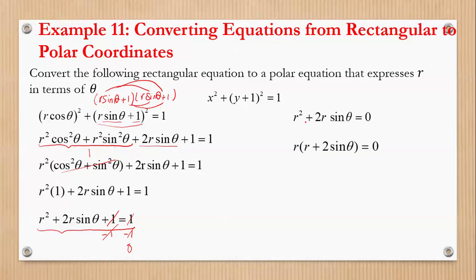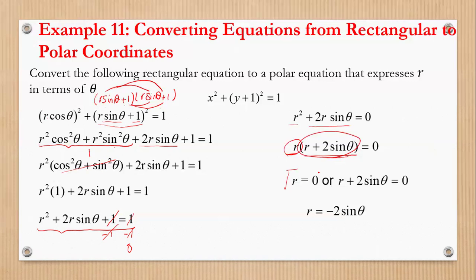Now, since I only have two terms, factoring is the easiest way. So I can factor out r from the two terms, and then these two factors multiply to 0. That means each of them separately can be equal to 0. I can set this one equal to 0 and this one equal to 0. If r is equal to 0, that's the equation, just leave it.